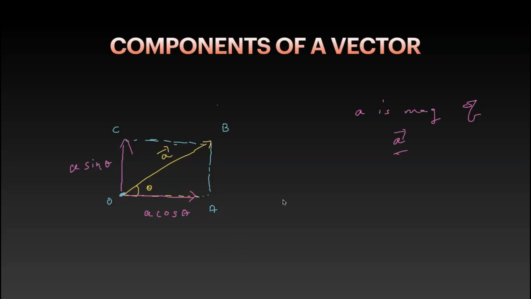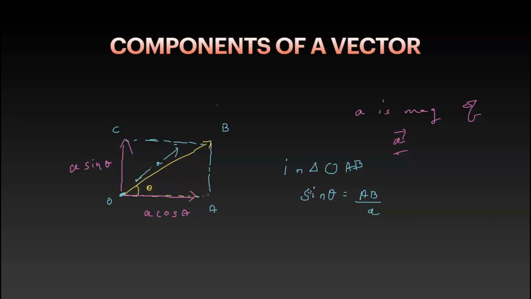Now, first, write sin theta. Sin theta is nothing but what? In triangle OAB, sin theta is AB by magnitude of A. If you're getting confused, this is vector A, and I will write its magnitude.